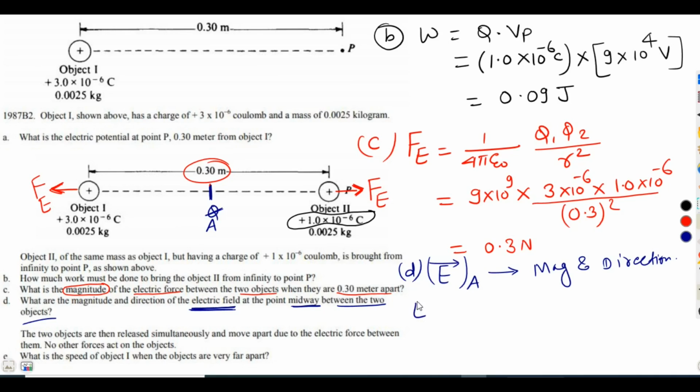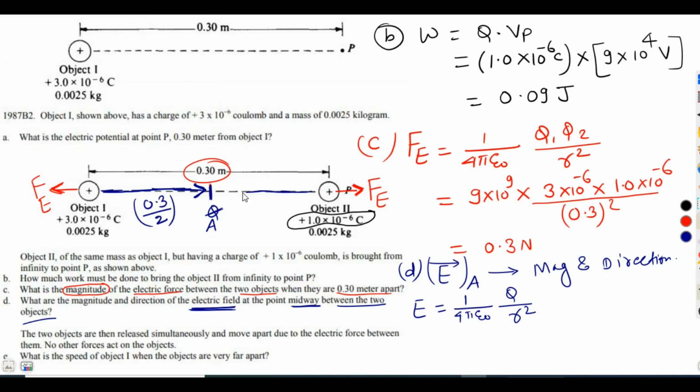We know the formula of electric field is equal to 1 upon 4 pi epsilon naught q upon r square, right? What will be the distance from here? The distance from object 1 to point A will be 0.3 divided by 2.